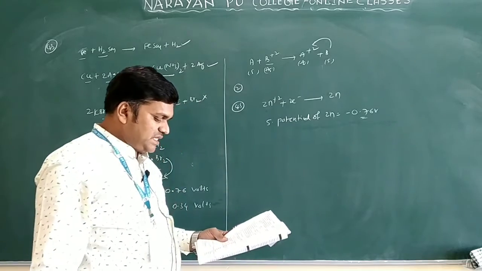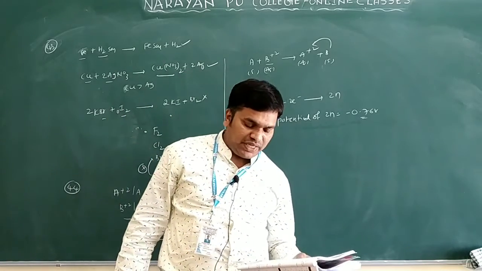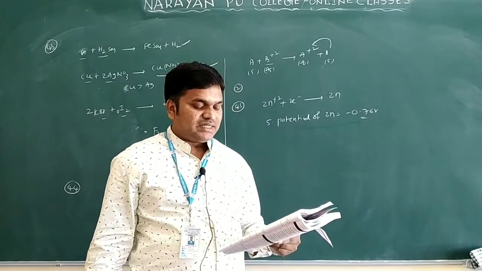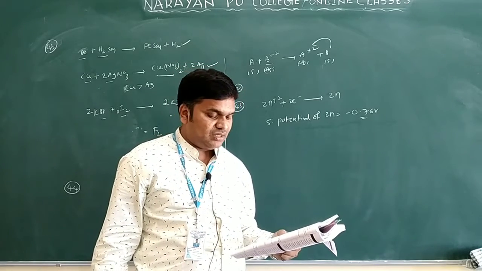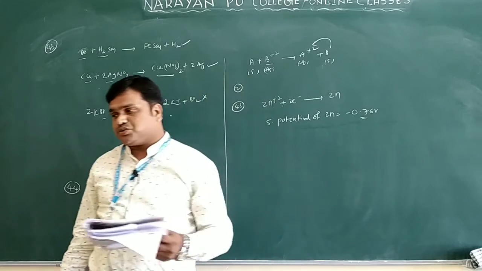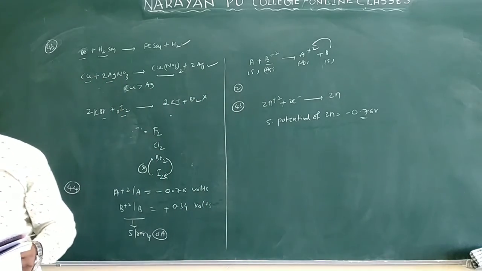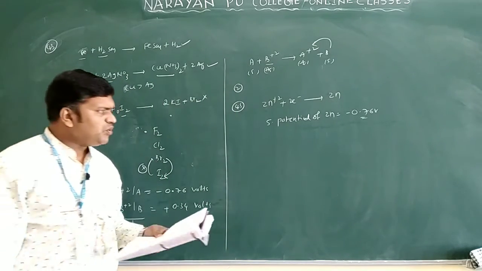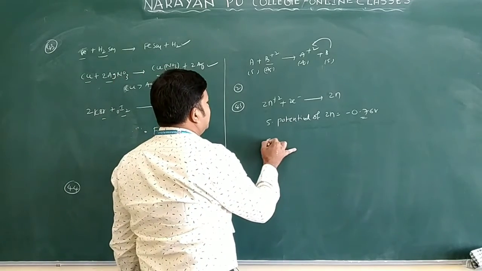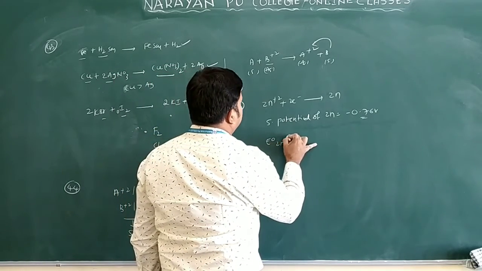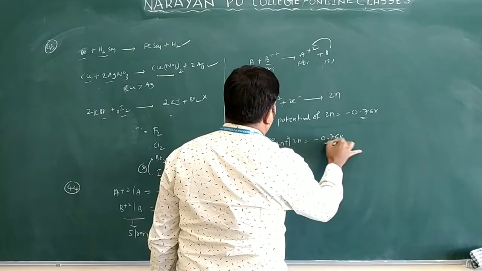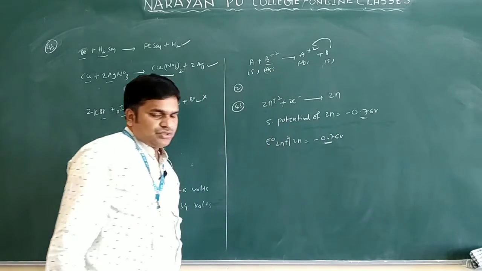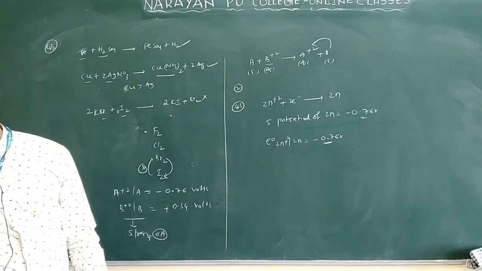The question asks why zinc can displace hydrogen from dilute acids. Is zinc a reducing agent or an oxidizing agent? Is Zn2+ a reducing agent? The electrode potential of zinc is given as minus 0.76 volts, and this is the reduction potential only.